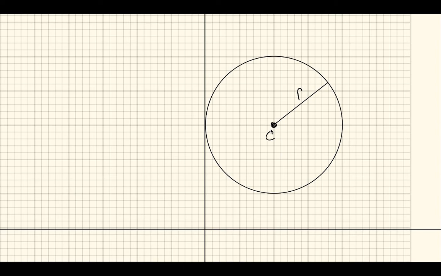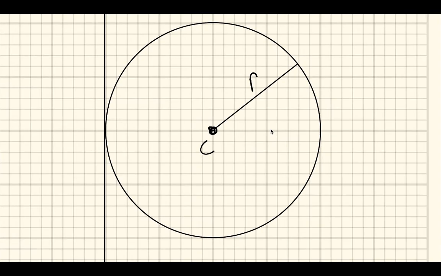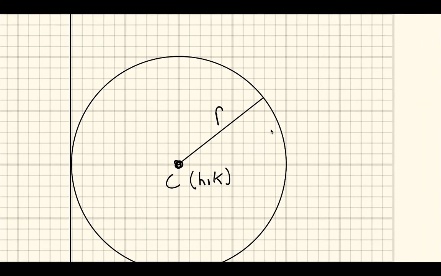Now the equation is directly related to the distance formula. So we're basically going to be writing the distance of this guy. Imagine we have some point C at h comma k, and here's some point x, y.